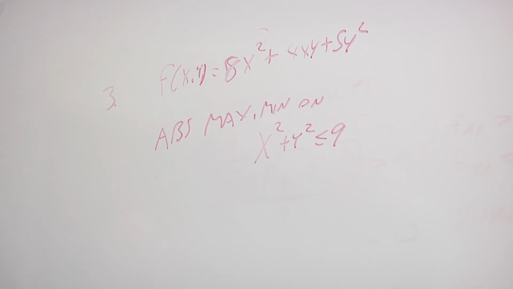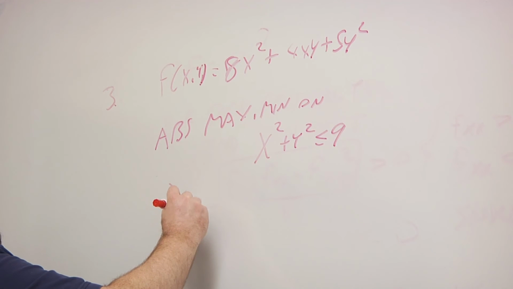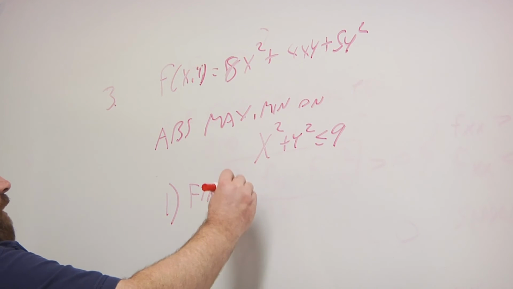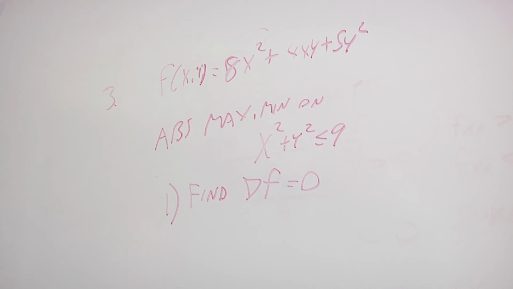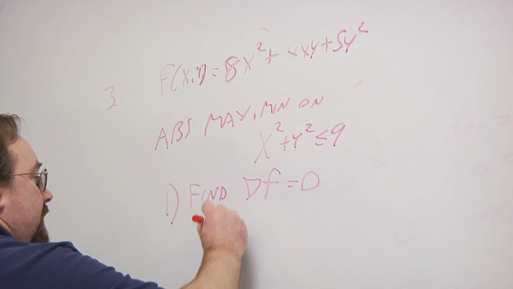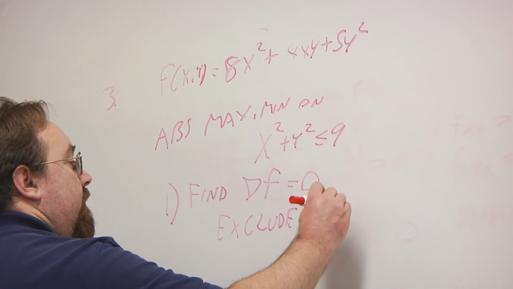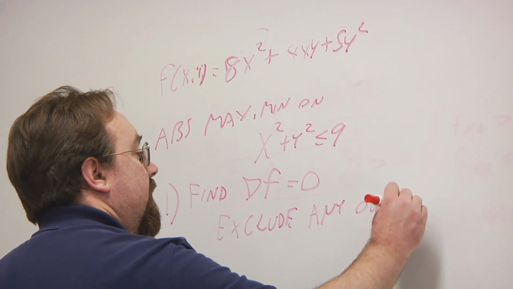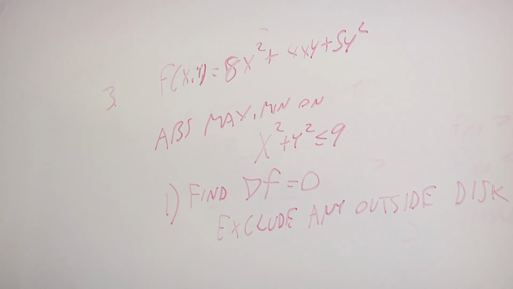The disk is centered at the origin, radius 3. So first step is to find the critical points of F, just like in number 1, except if you find any that are outside the disk, so x squared plus y squared is greater than 9, you ignore them.